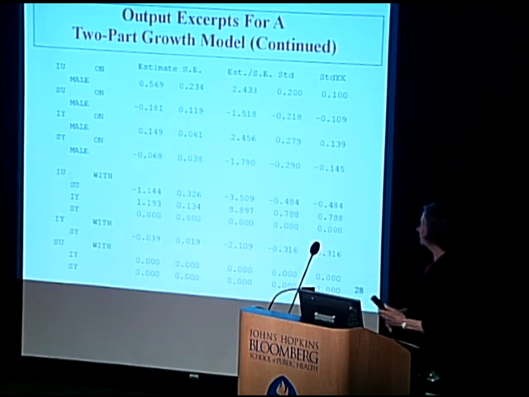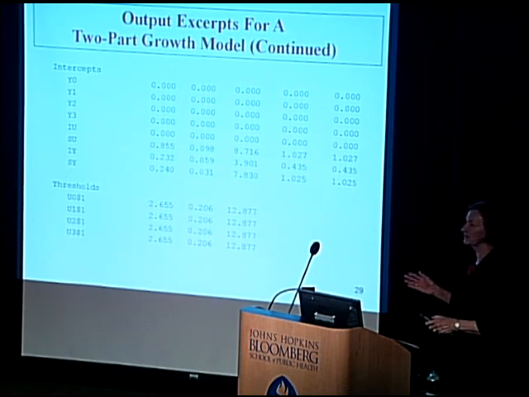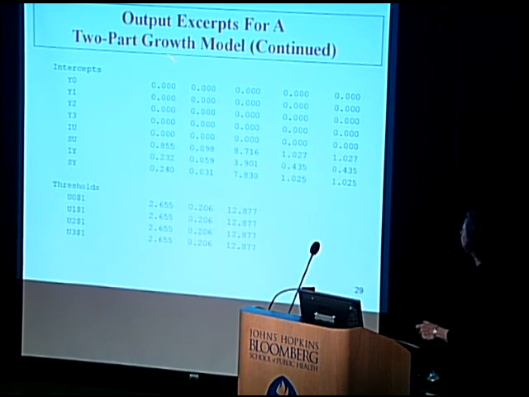Now I wanted to just remind ourselves of what we learned yesterday by recalling that the parameterization of the growth model for the binary part is going to be different from the parameterization for the continuous part. We can see this by looking at the slide on the right here. We see that for the continuous part, the y variables, the intercepts are fixed at 0.